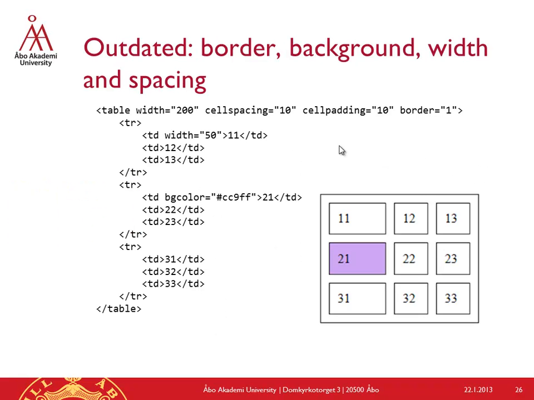The outdated formatting for tables contains border, background, width, and spacing. It can still probably be found in some layouts, but I do not recommend you use it. But anyway, you can see how you can specify a specific width for an element of your table, and color and whatever you wish.